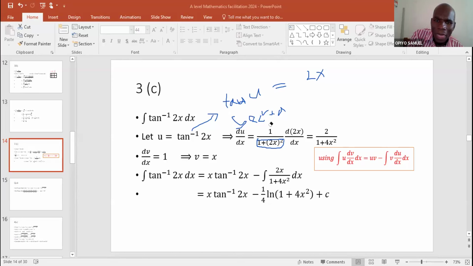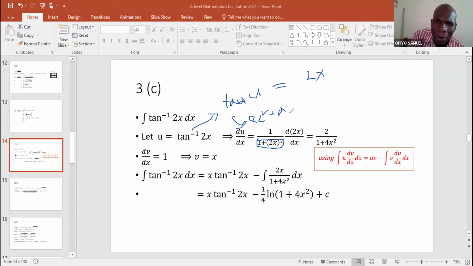After that, we have already substituted. Remember, here was sec squared u, but we have already substituted. Then you again differentiate the angle itself, using the chain rule. That's why we need to differentiate the angle as well.